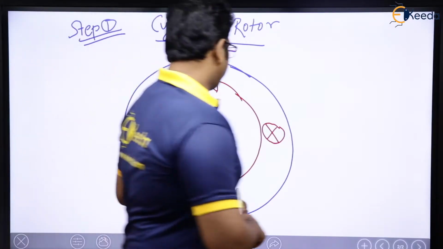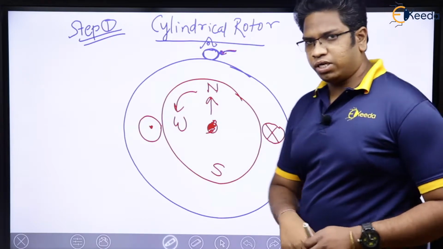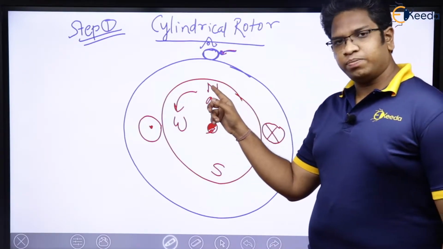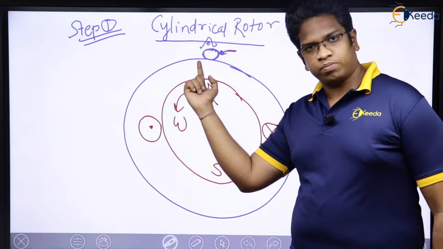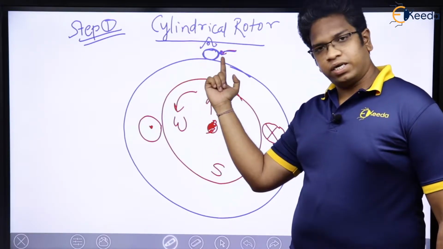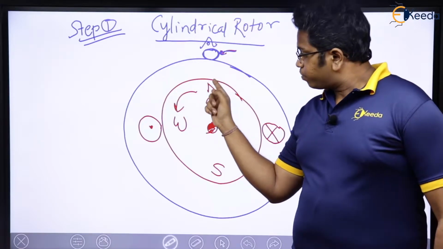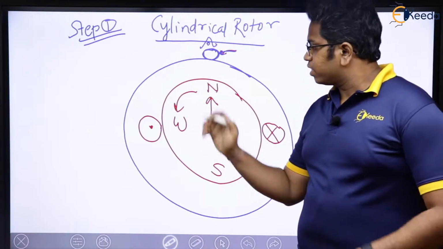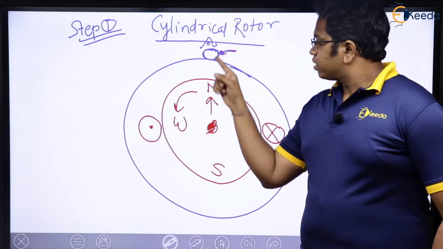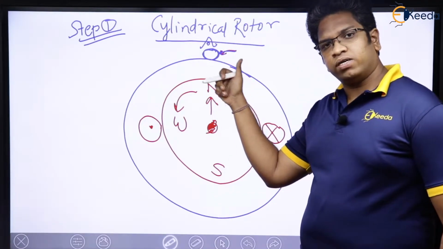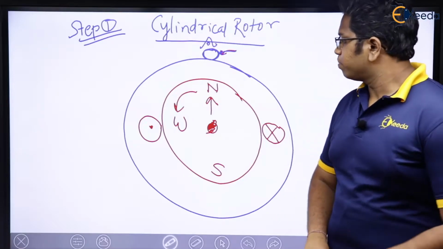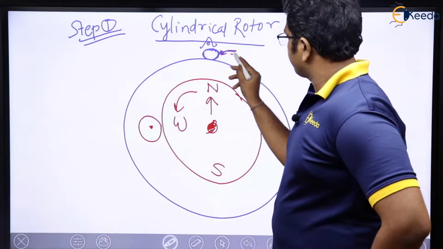Now you please tell me how will be the induced EMF here. Induced EMF here means, see here. This is the field. Field is in upward direction, right? Outgoing from the north, right? Now, this particular field is moving in this direction, which means with respect to the field, conductor is moving in opposite direction, which means virtually this conductor will move in this direction.